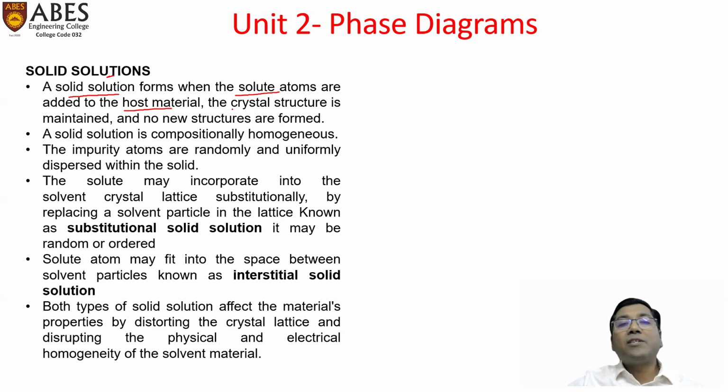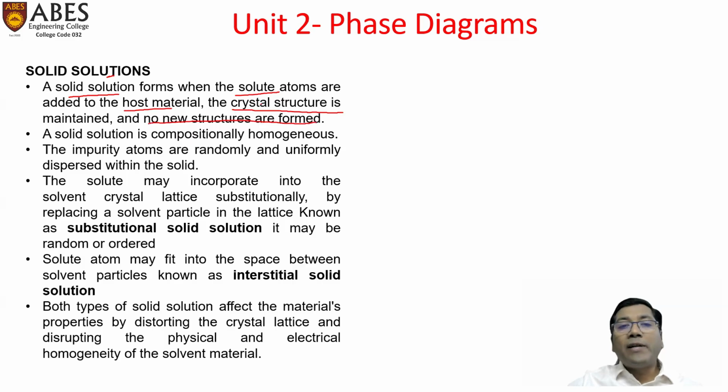The crystal structure is maintained. The main point is the crystal structure of the solvent. Since the solvent is in majority, the crystal structure of the solvent is maintained and no new structures are formed.